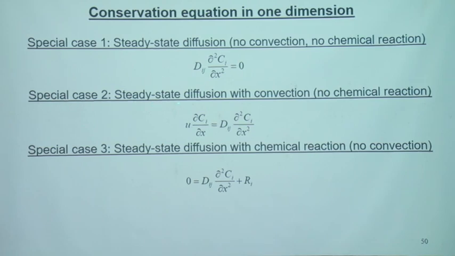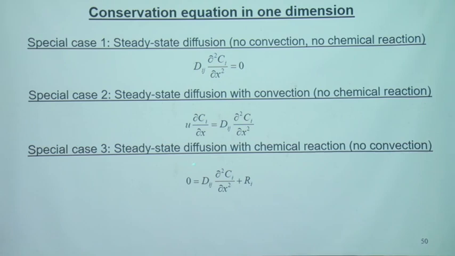If you assume that there is diffusion and also convection but no chemical reaction, the equation is reduced to this form, which can still be solved mathematically. You can find an expression for the concentration profile as a function of x, and the shape of the concentration profile will depend on the magnitude of the Péclet number.